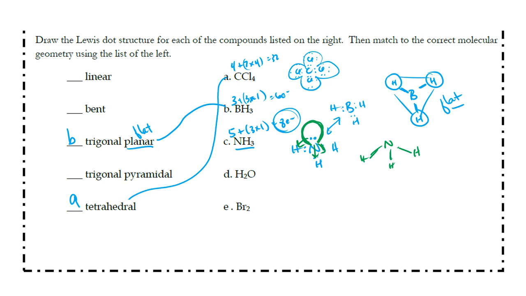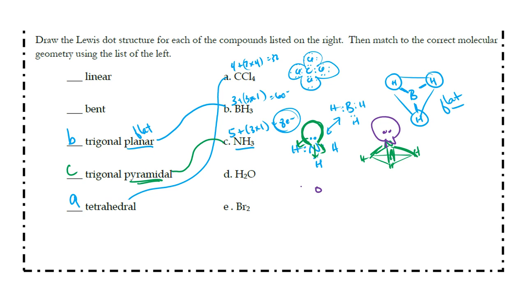So still a triangle here on the bottom, but instead of being flat, it makes a little bit of a pyramid, which means that this guy is trigonal pyramidal. Not flat, but a little bit pointy, because once again, I've got a non-bonding pair of electrons sitting on top of that nitrogen.